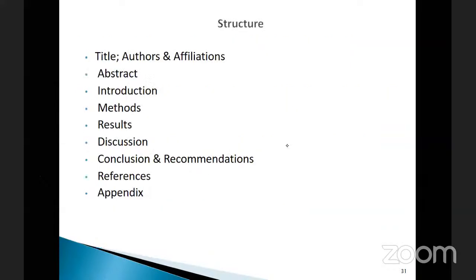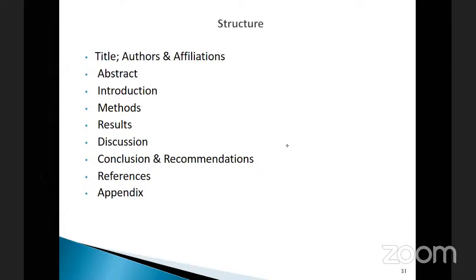So this is the structure of manuscript writing. You have the title, authors, and affiliation. The authors are the people who contributed to the manuscript, and the affiliations are where they work. The next things you want to see after that are the abstract, then introduction, methods, results, discussion, conclusion and recommendations, references, and then the appendix.